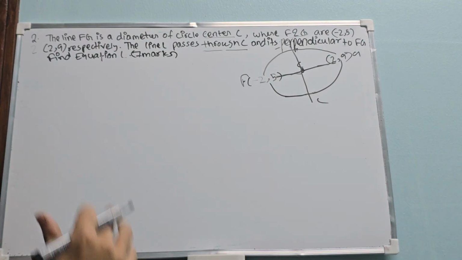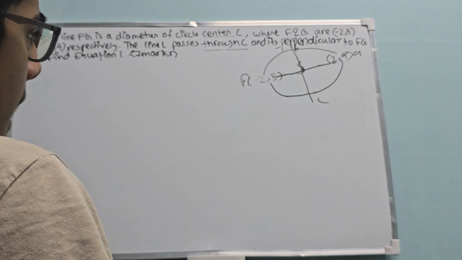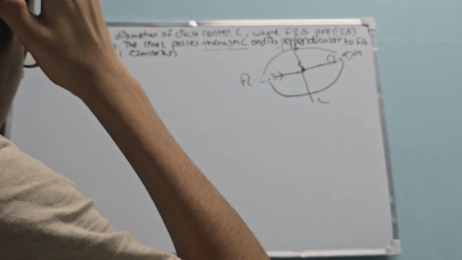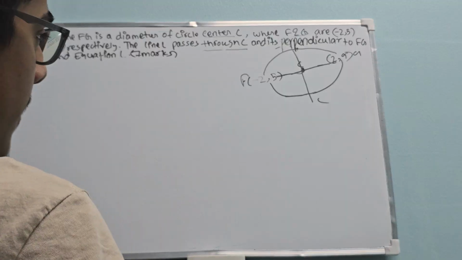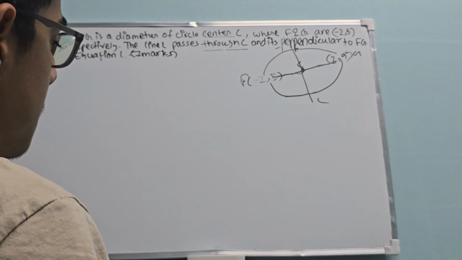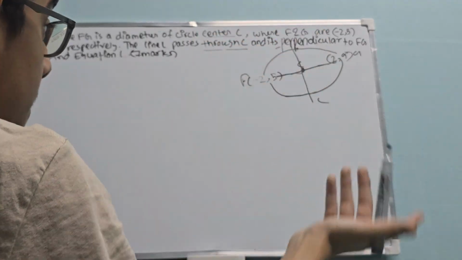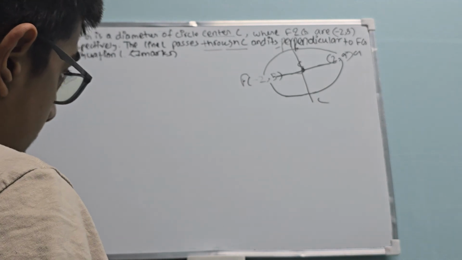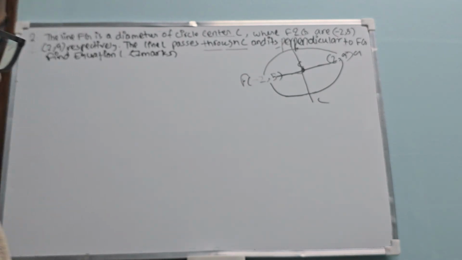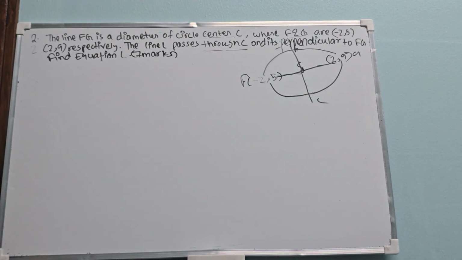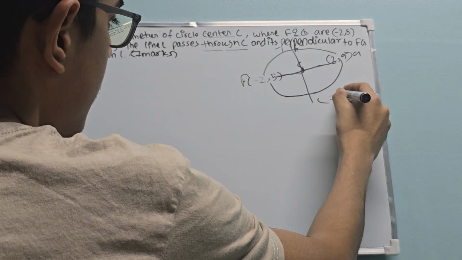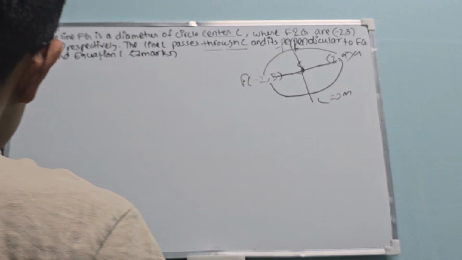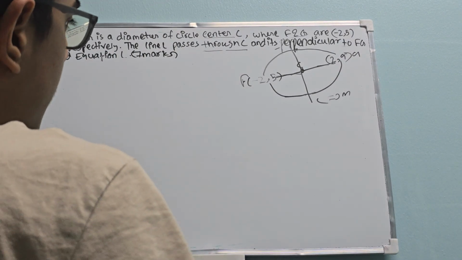This is for 7 marks. Although it's a textbook question, they are asking for the equation of L, which is quite tricky. We can't just find the equation of L. To find it, we need a gradient, m.